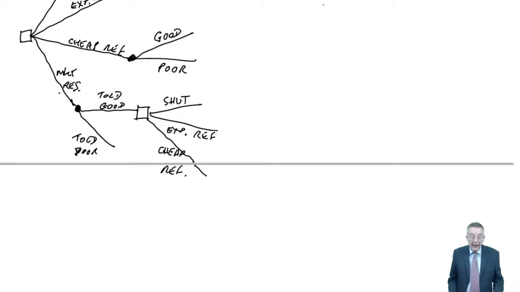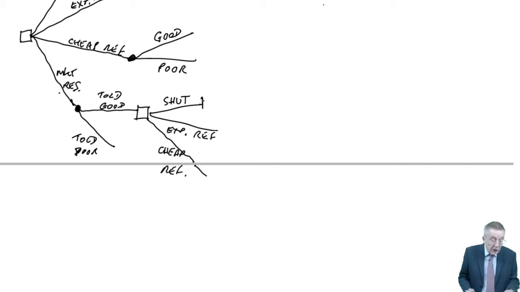So appreciate where we are. Just suppose we end up deciding to do market research. Suppose they tell us it's good. Then we'll have to decide, maybe we'll shut and that's the end of it. Or maybe we choose to do the expensive refurbishment. But of course, even though they've told us it's good, they're not certain.